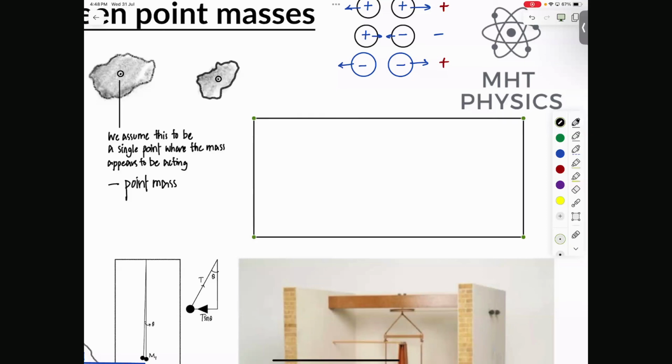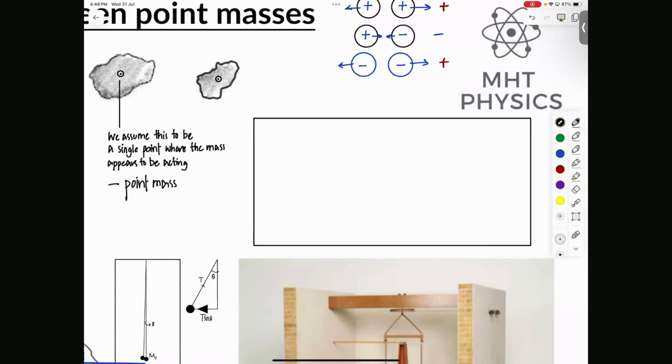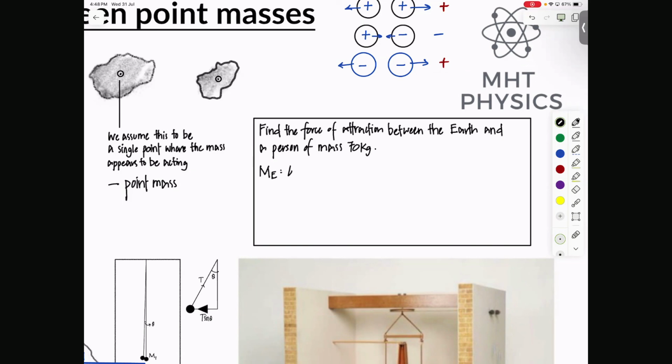Okay, so a basic example here just to get familiar with the equation. Find the force of attraction between the Earth and a person. Mass of Earth, 6 into 10 to the power 24 kilogram.